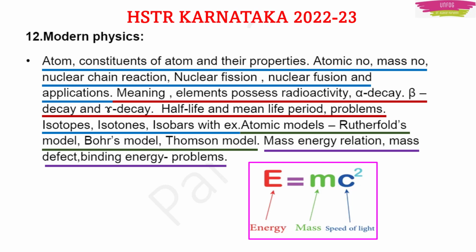Now in E is equal to mc square, E is energy, m is mass and c is the speed of light. But E is not just energy, it is the kinetic energy of the body. And m is not just mass, it is the increased relativistic mass of the body.